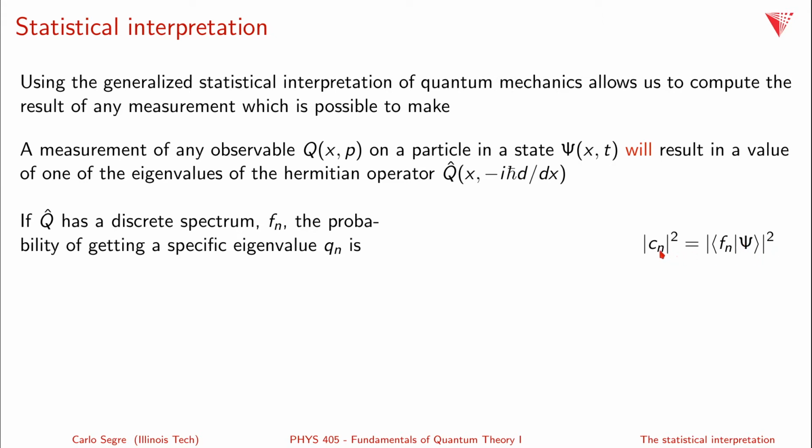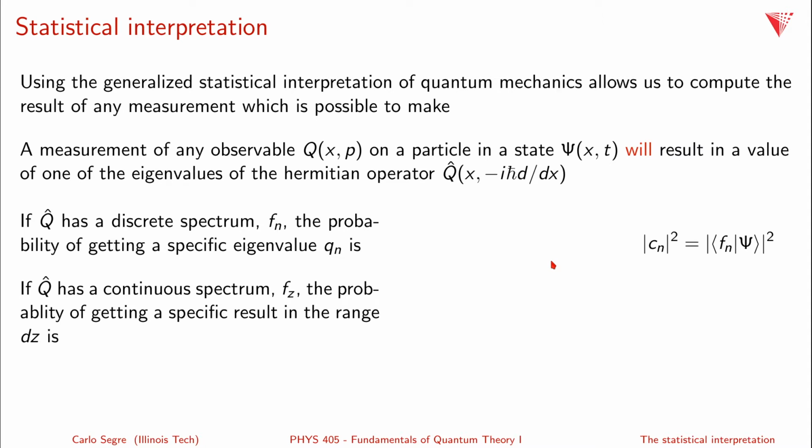And that should give us the modulus squared of the coefficient c sub n that is made up from f sub n. And that coefficient squared is basically a probability.